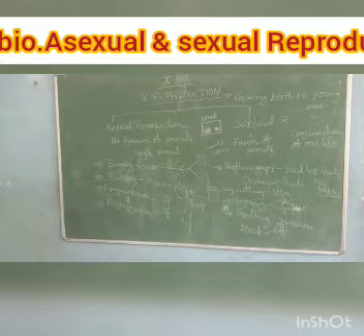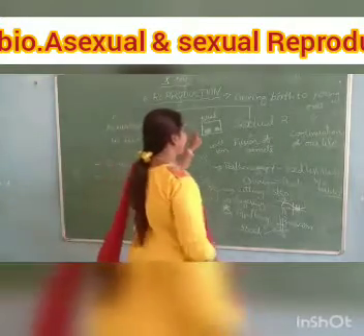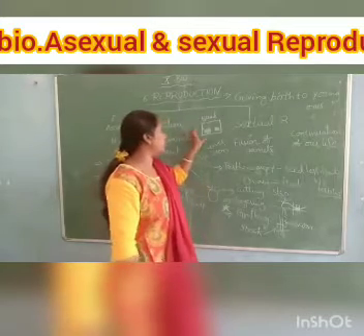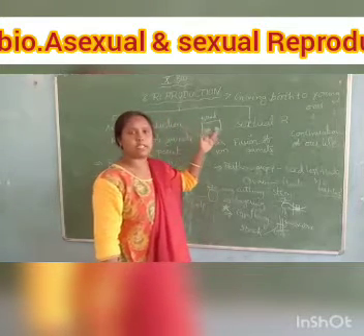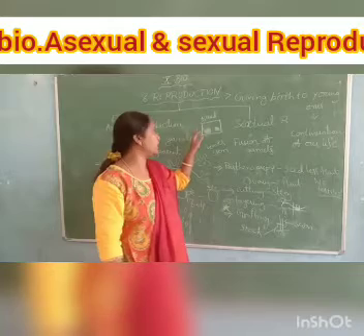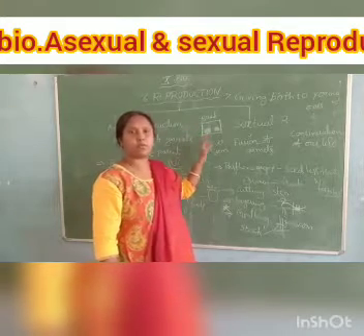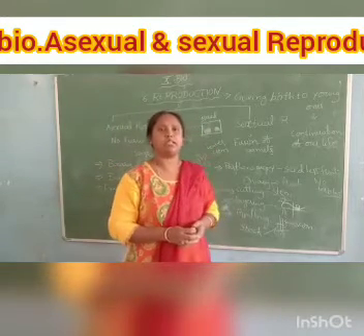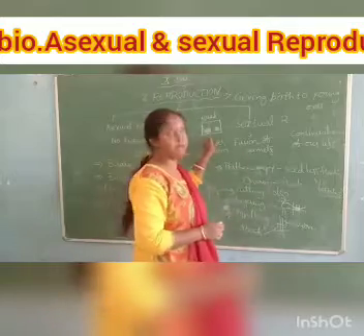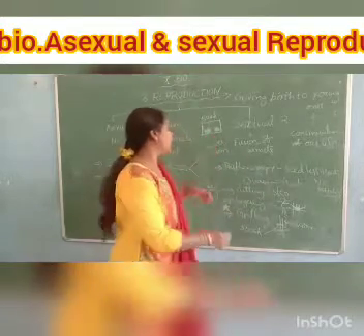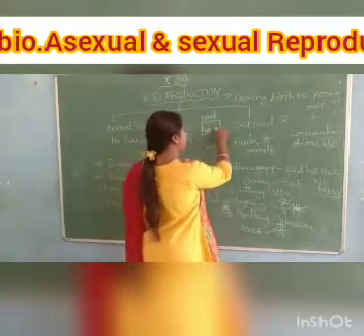Okay children, take one bread and sprinkle some water on it. Keep it aside in one corner of the room for 2-3 days. After 2-3 days, if you observe, some fungus will grow on the bread. Collect a few threads of fungus.